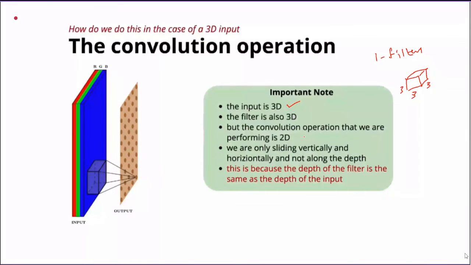If it is the second convolution layer, the input will be the activation map. The depth of the filter will be equivalent to the depth of the input image or input convolution map.